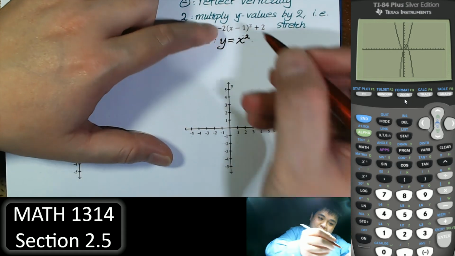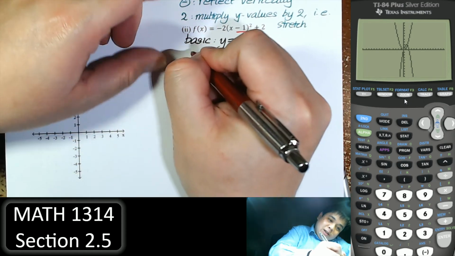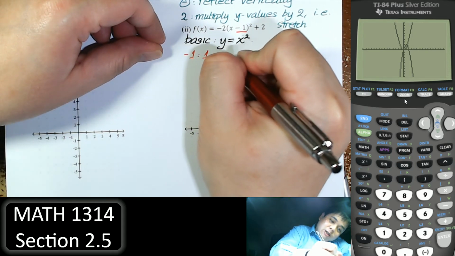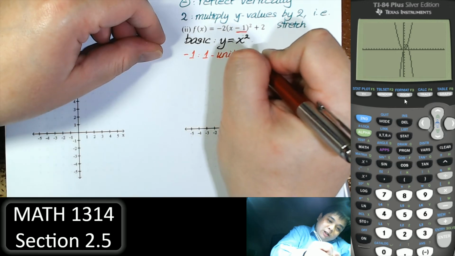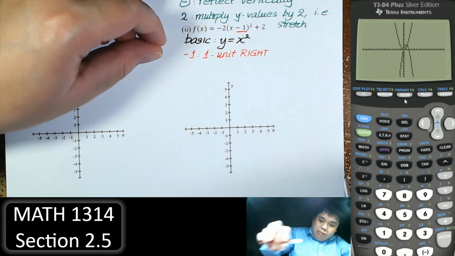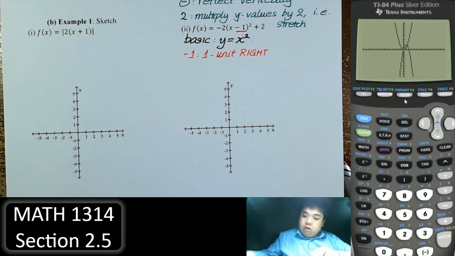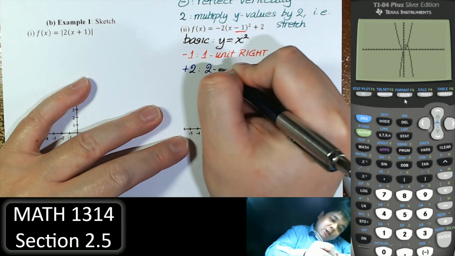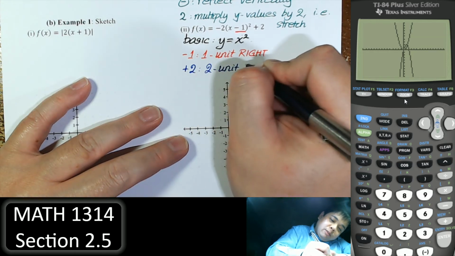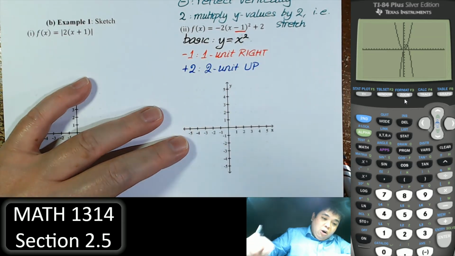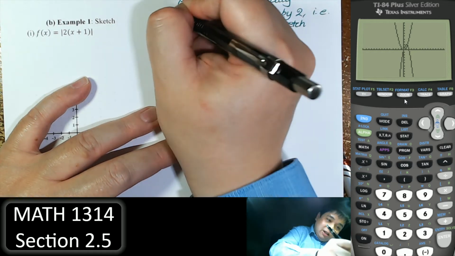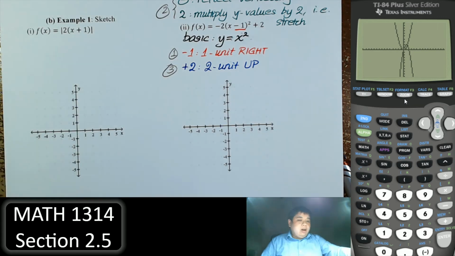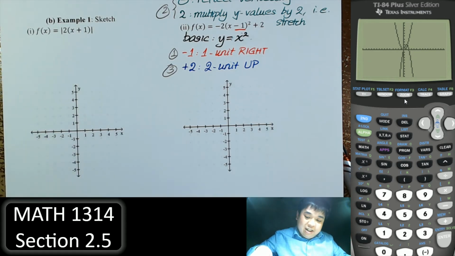And then there's a minus 1, 1 unit to the right. And then plus 2, 2 units up. Right? The order, do this first, those, and then that. So that's the idea.